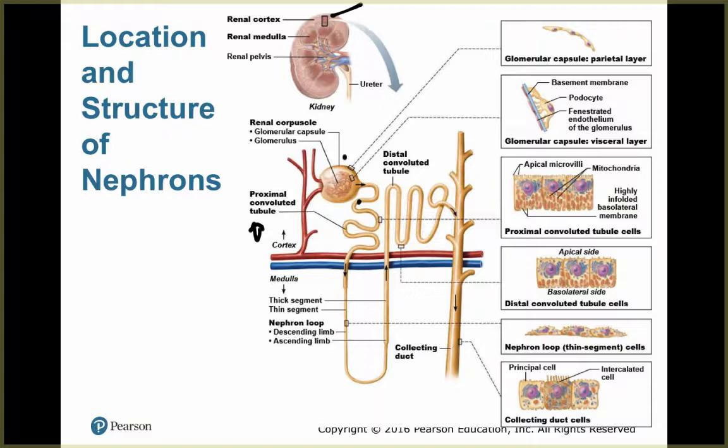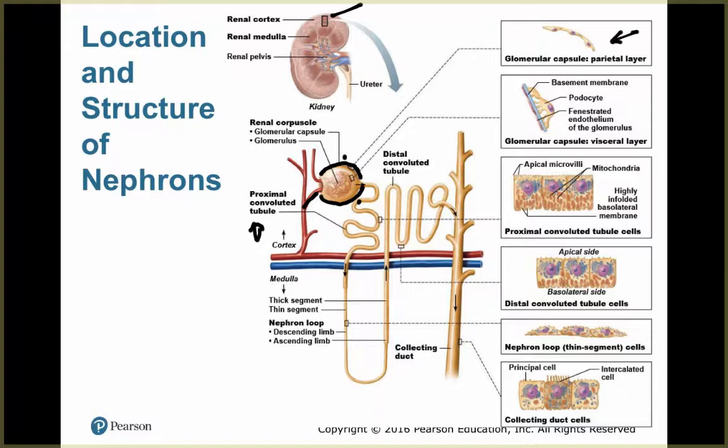As we're going into here, you can see that you have arteries going in. This outside part that you're seeing right here is the glomerular capsule area. If you look up here, the outside is this parietal area that is just going to have a single layer of cells.